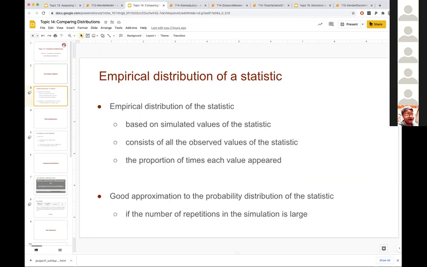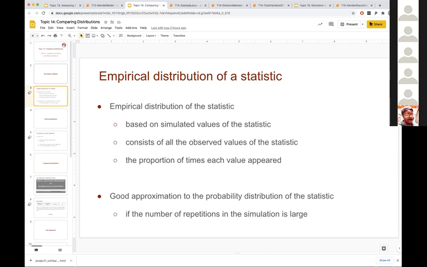And so when we talk about an empirical distribution of the statistic, this idea of empirical, in the context of this course, empirical means simulated, okay? So in general, empirical is the experimental value. And in this case, the experiments we're running are these simulations.